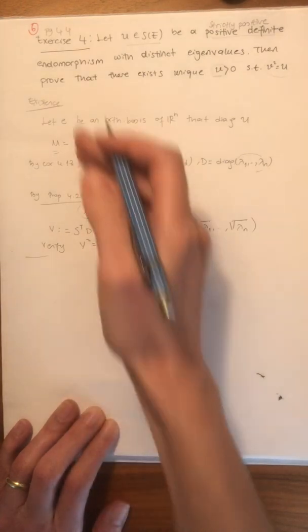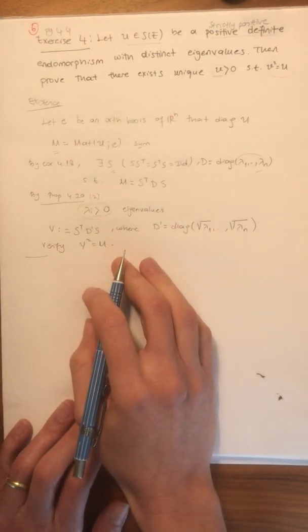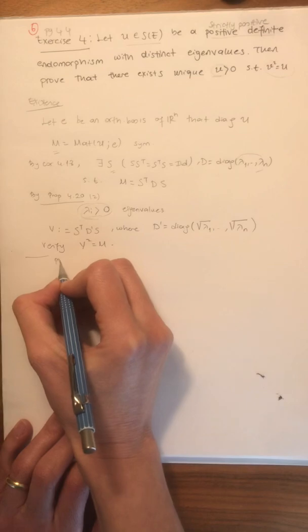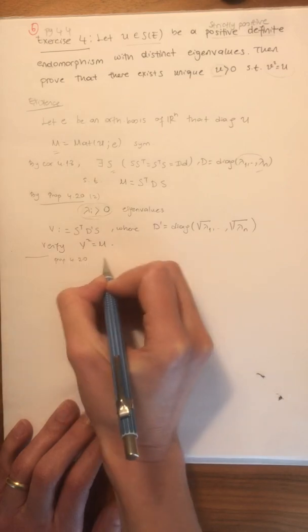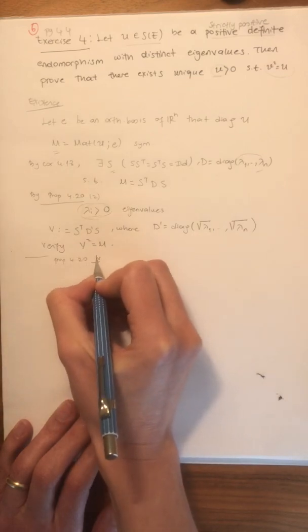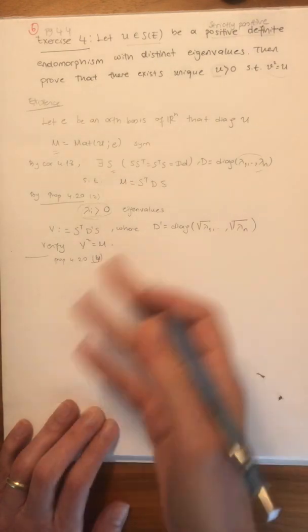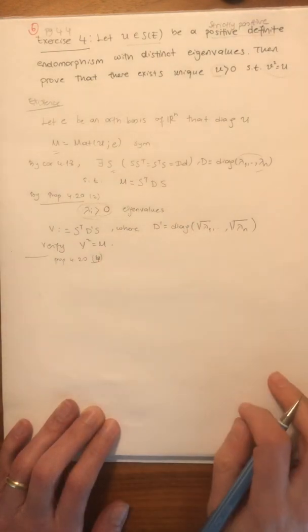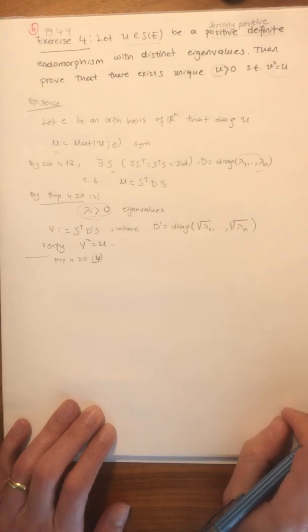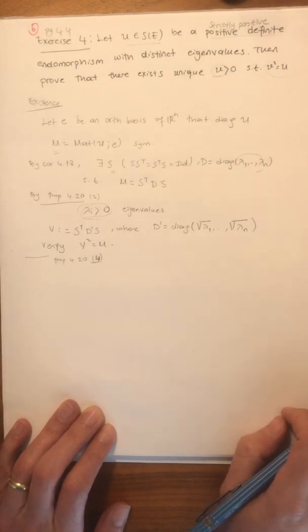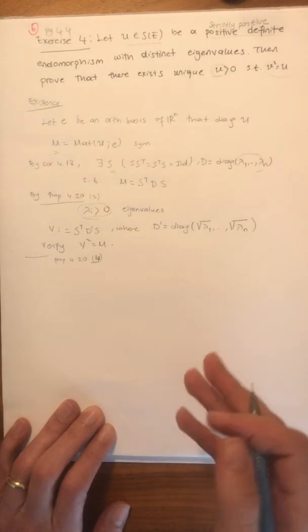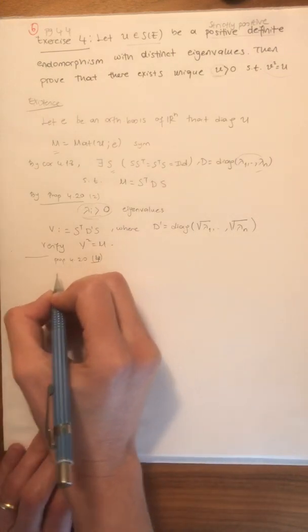And actually so far I again proved Proposition 4.20 part 4, but this is a proof in terms of matrix representation. And the other thing we need to be sure to complete the solution is the uniqueness.